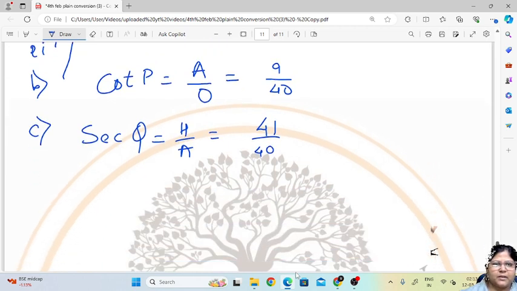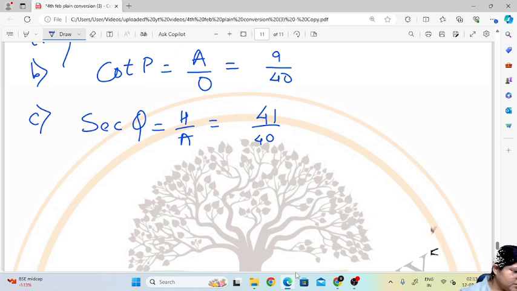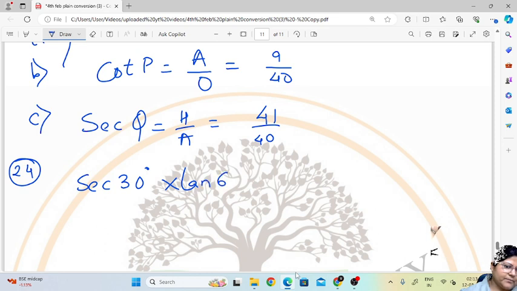Okay. Now next, coming to question number 24. Sec 30 tan 60 minus sine square 60 degree plus cot 45 degree.